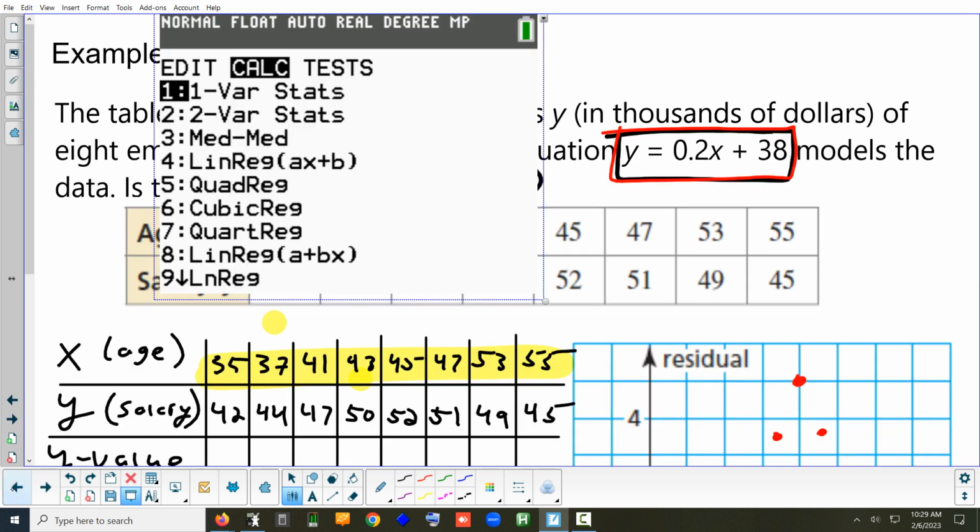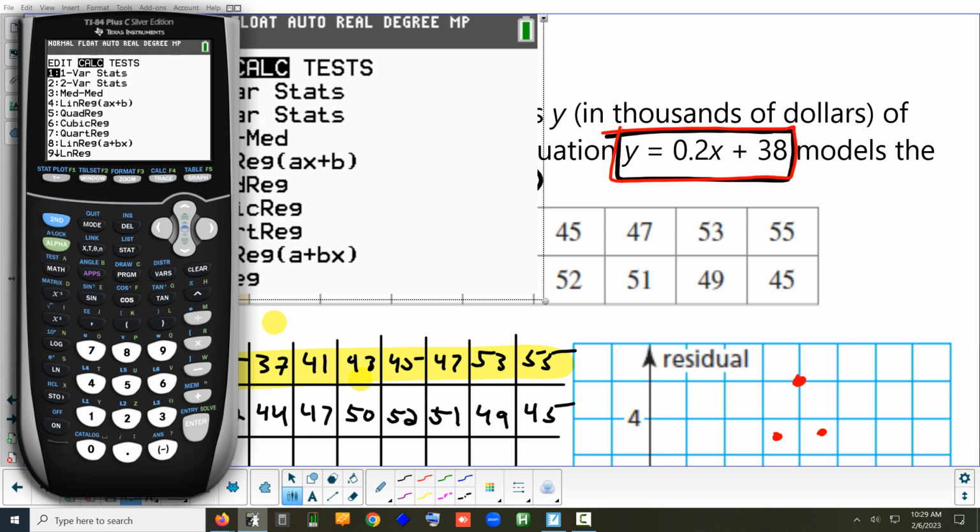Does anybody see one of those options that maybe has an abbreviation for linear regression, and then in parentheses next to it, it says something like x plus b? They may use a different letter, but that's okay. Yeah? 4. Yeah, it's the fourth option.